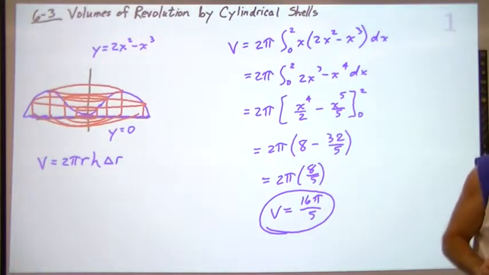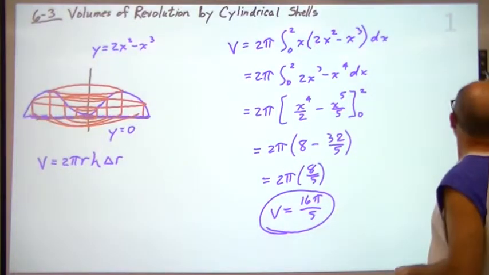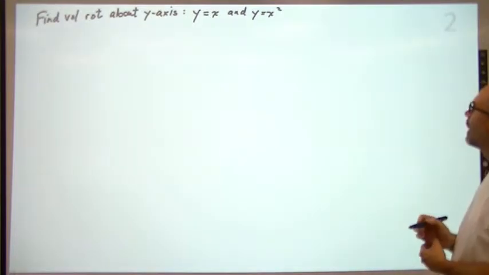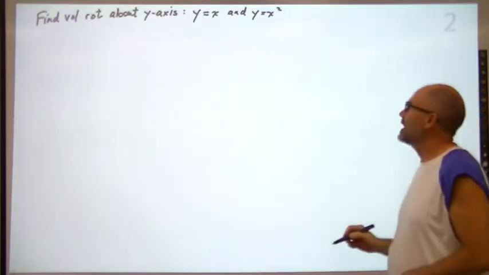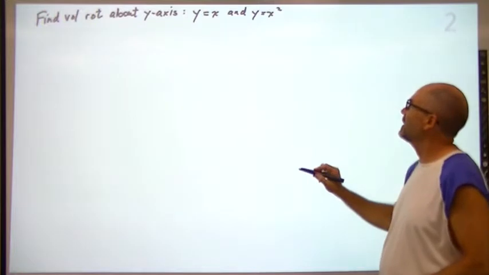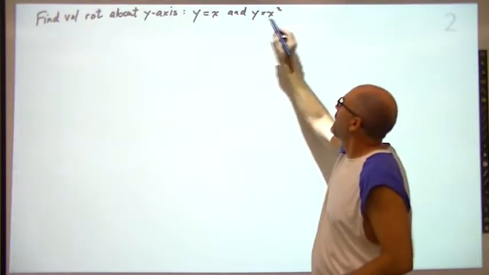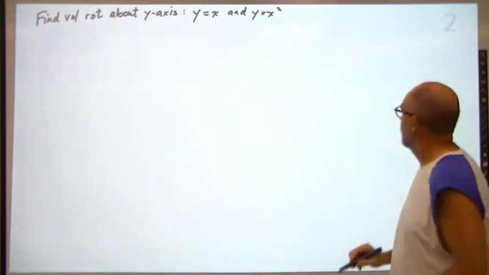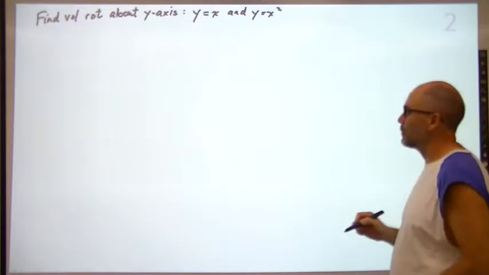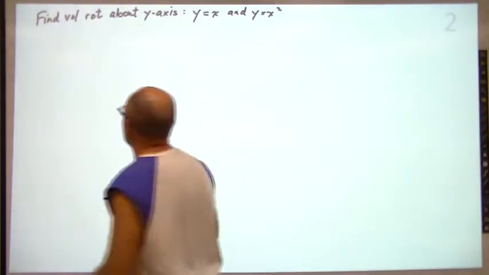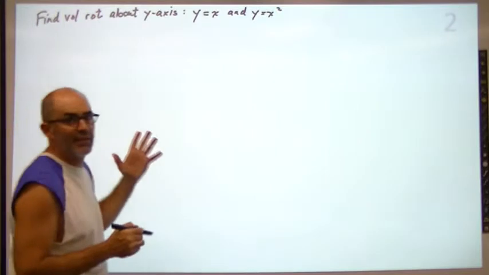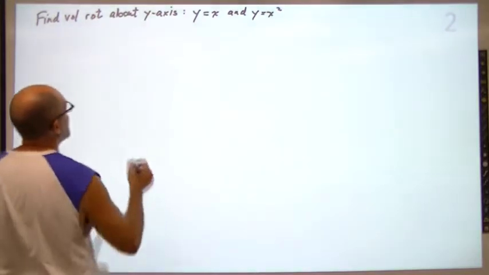Okay, now let's check out the volume of rotation about the y-axis of y equals x and y equals x squared. Now we had a similar problem with this when we were doing the disk method, and we could do this with disks. I'm going to show you how to do it with shells.